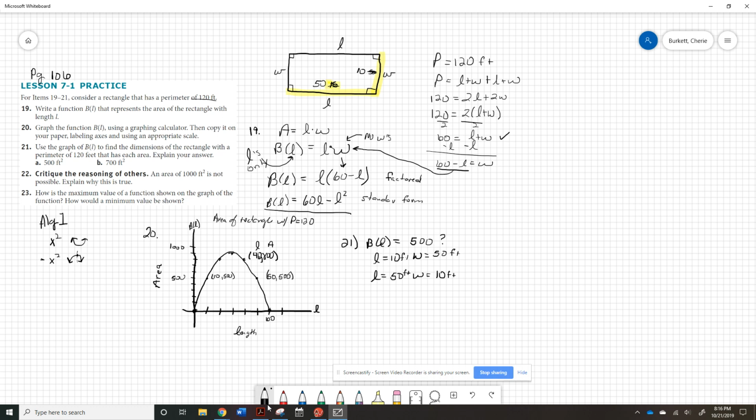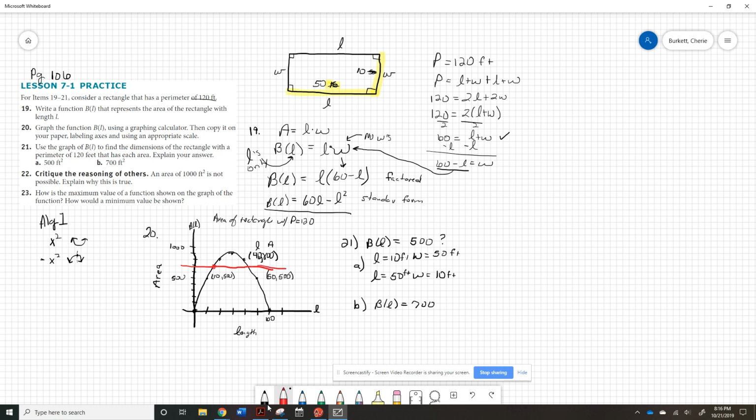And now that's part A. Now part B is, what length do I have to be to have an area of 700? So the area has to be 700. Well, I don't have 700. I mean, I have 700 on here, 5, 6, 700. Here's the 700 line right here, but none of the answers that I picked a while ago was 700.